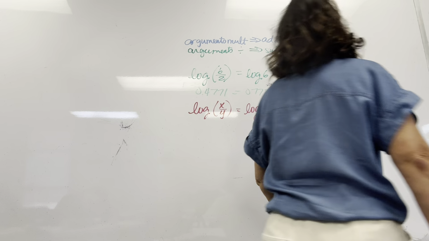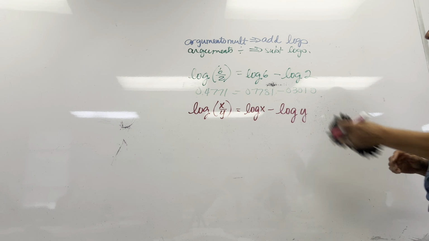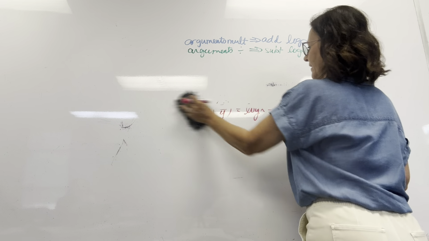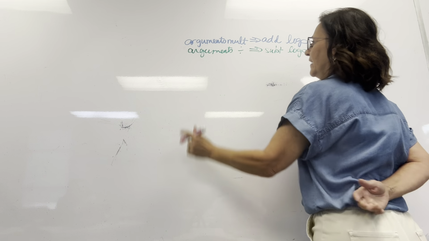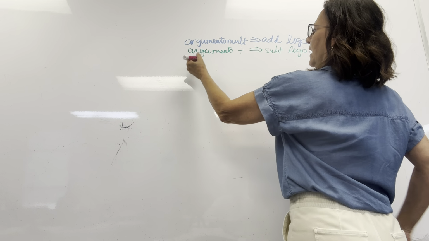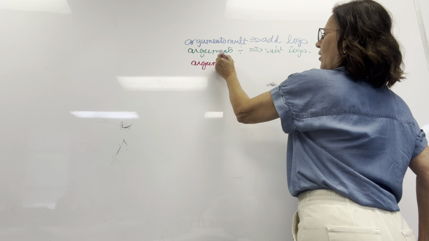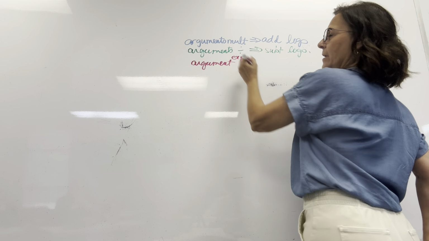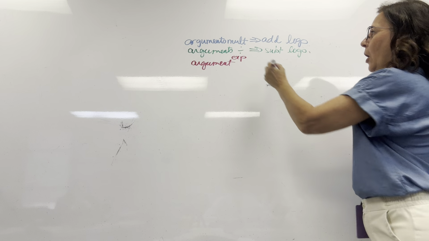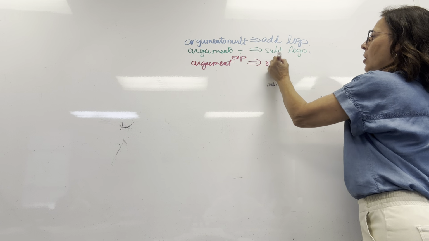All right, so now, what do you suppose will happen if I have an argument raised to an exponent? We're going to multiply.